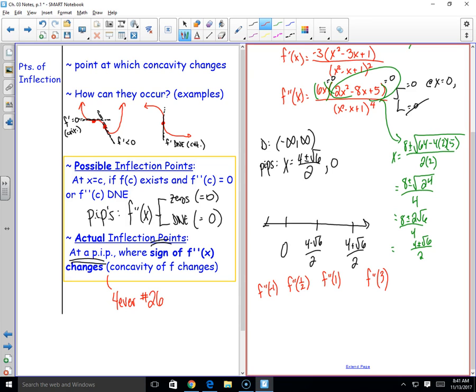Then I can do y1 of -1. Then I can go up and steal the y1 again, and I can do 1/2. I can go steal it. I can do 1. And so far I've got negative, positive, negative, and now I'm going to plug in 3. Nathan can double check me. Ooh, it's negative again.